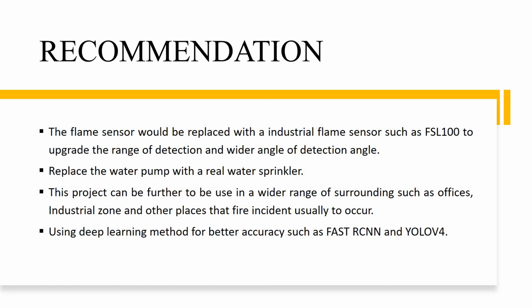So next, using a deep learning method for better accuracy such as Fast R-CNN and YOLO V4. So when I say deep learning, my project use a Raspberry Pi 4, so it will consume a lot of time to detect and quite slow to process and execute.